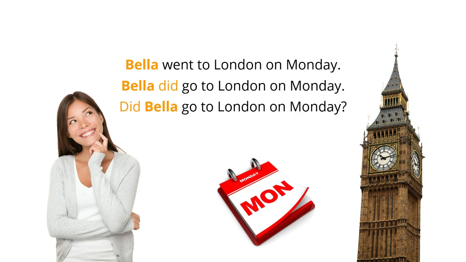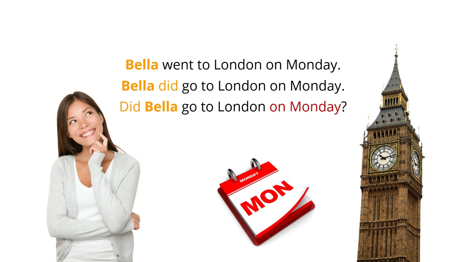And again, a yes or no answer is required. But imagine to London is the missing information, and we want to know where. We put where at the beginning, and you'll see we have the same question inversion, did Bella. Where did Bella go on Monday?